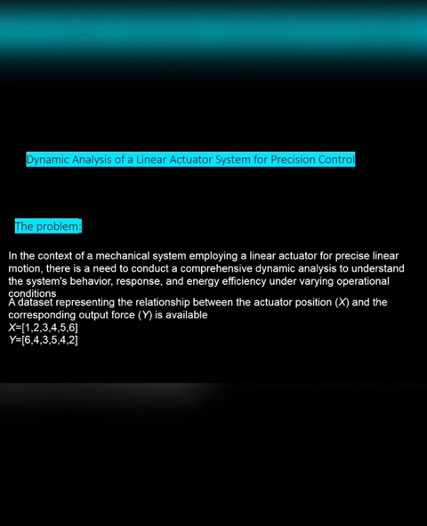Under varying operational conditions, a dataset representing the relation between the actuator position x and the corresponding output force y is available. x equals 1, 2, 3, 4, 5, 6, and y equals 6, 4, 3, 5, 4, 2.